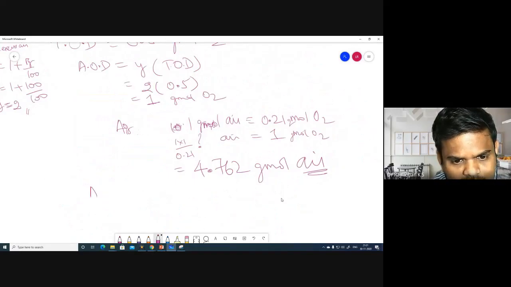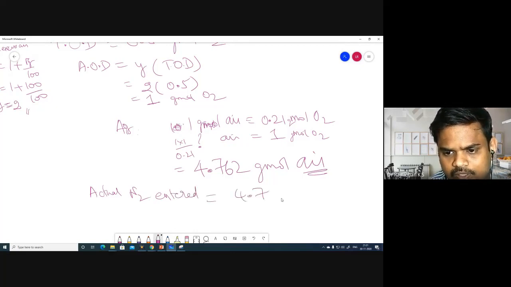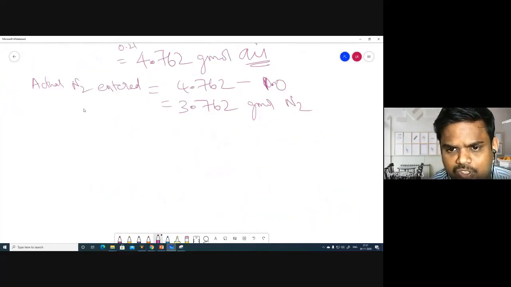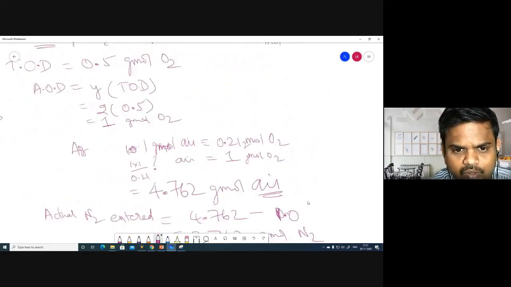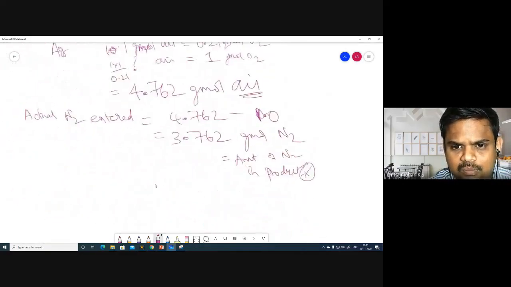We can find out the actual nitrogen entered, which is equal to 4.762 air minus oxygen. The oxygen value is 1, right? So that means 3.762 gram moles of nitrogen is entering the system, and the same amount is going to be the amount of nitrogen in the product. Okay, and what is the oxygen consumed in the reaction?